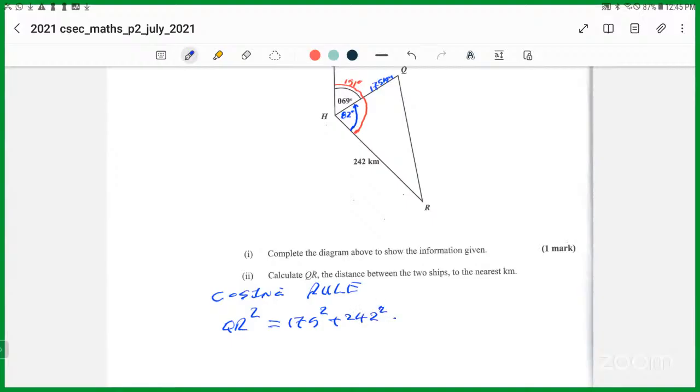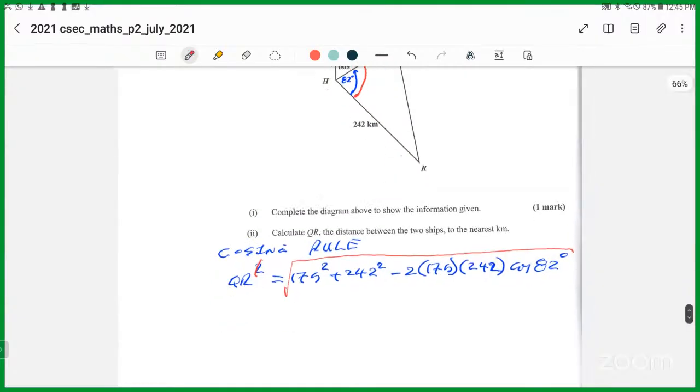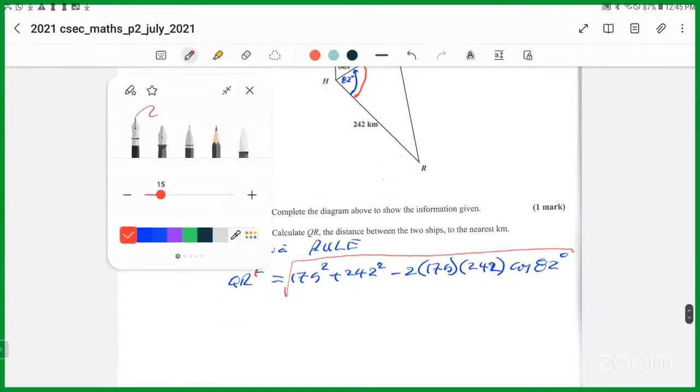And you subtract a piece: you subtract 2 times 175 times 242, and you cosine the angle between them. And the angle between them is 82 degrees. And again, instead of putting a square here, we can take off the square and square with this side, so that we square both sides. And so QR is just whatever that works out to be.